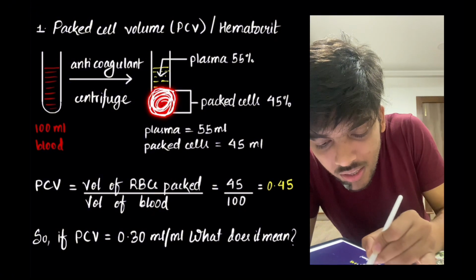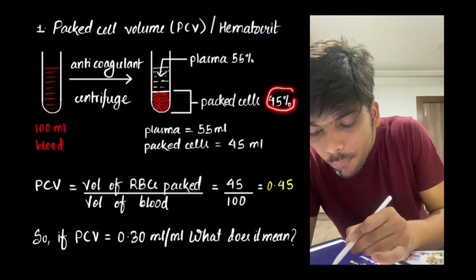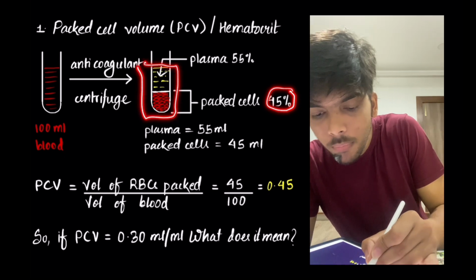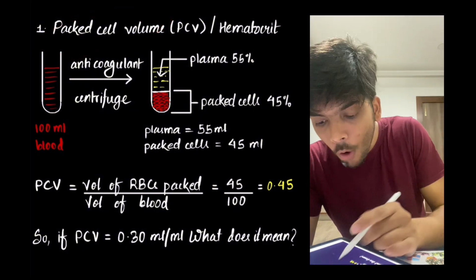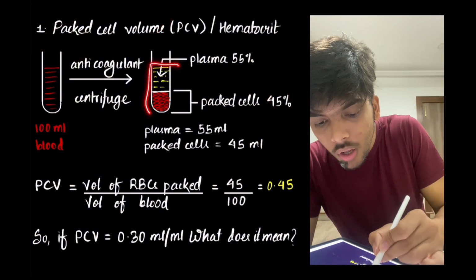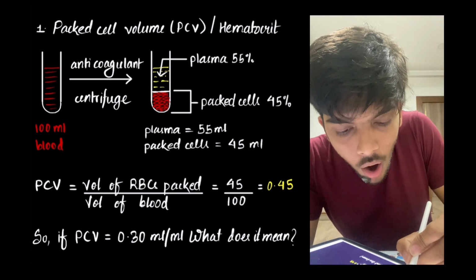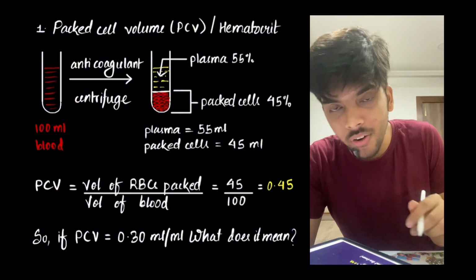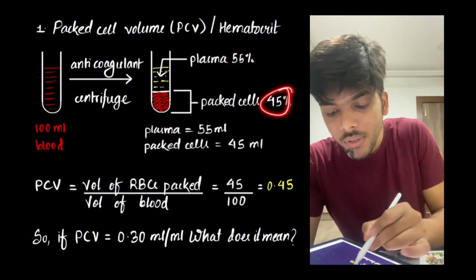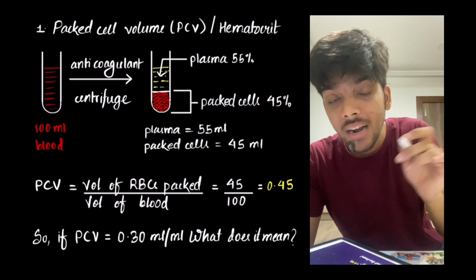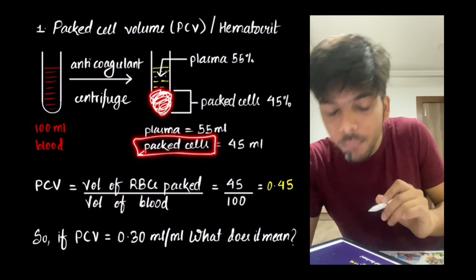And as you can see, 45% of the complete volume of the blood is formed by the packed cells. So the packed cell volume is going to be 45% of the total volume of the blood. In this particular experiment, I have drawn 100 ml of blood. So out of this 100 ml of blood, 55% or 55 ml is plasma, and 45% or 45 ml is the volume that is formed by the cells packed together, the packed cell volume.